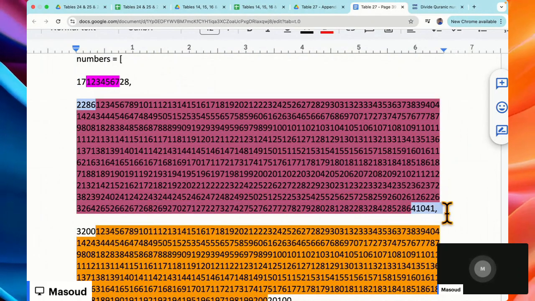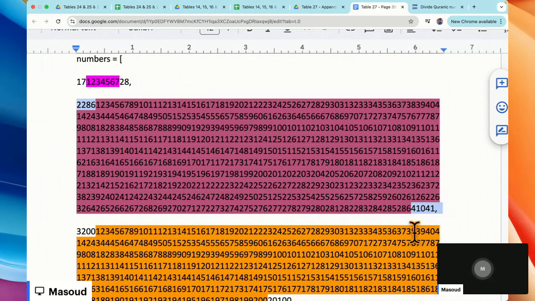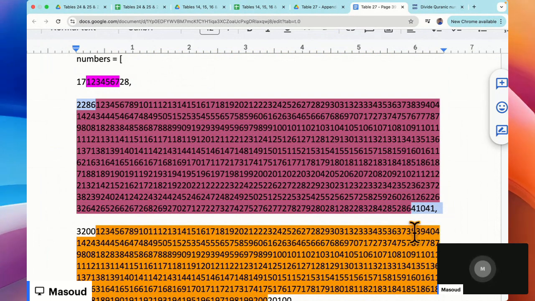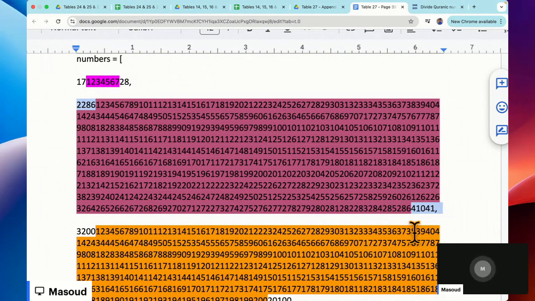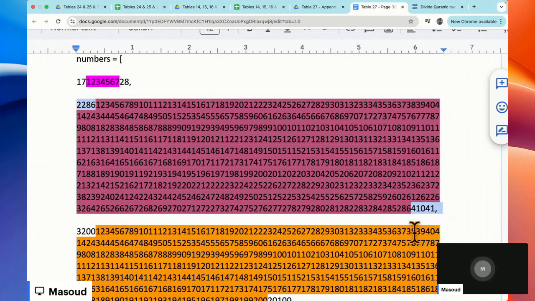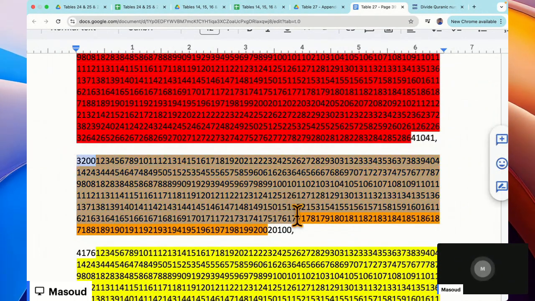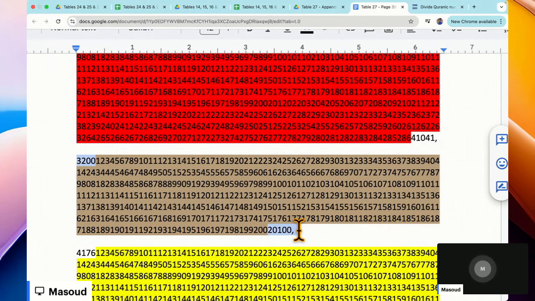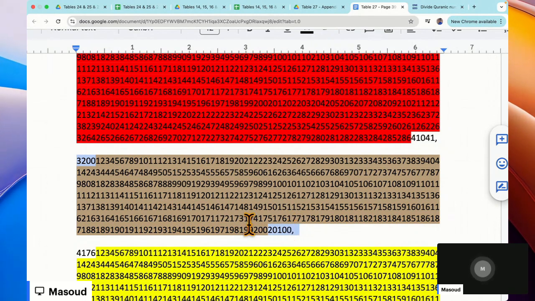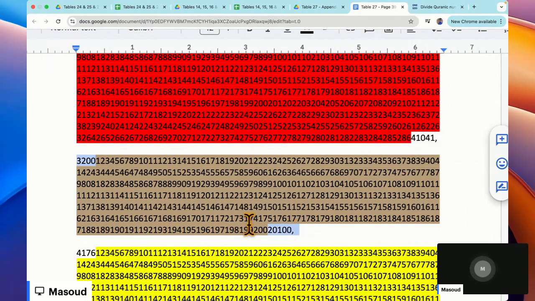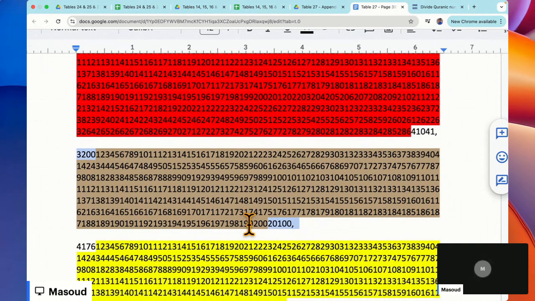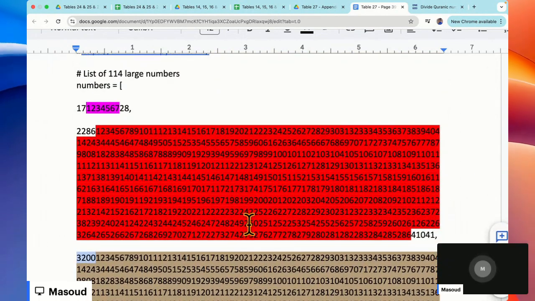All of it in programming language is considered one line because it's going to be just a very long line in Python. This is another line, right? It just looks this way in Google Docs, but in Python it's going to be just one straight line. This is one number.